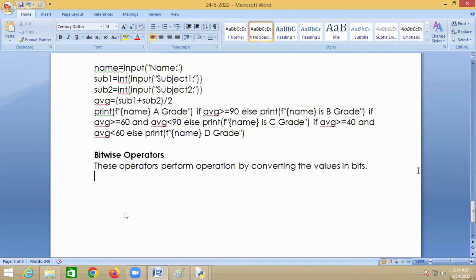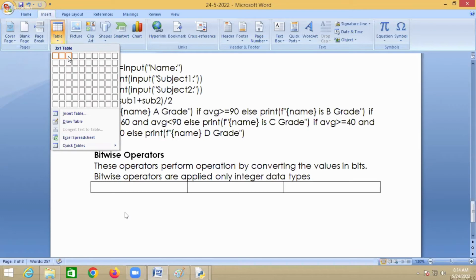And bitwise operators are applied only on which data types? Integer data types.